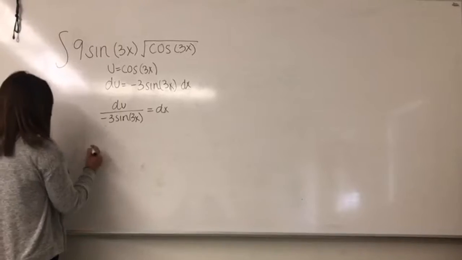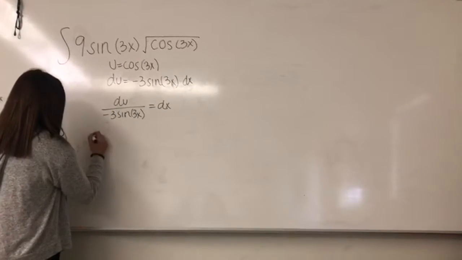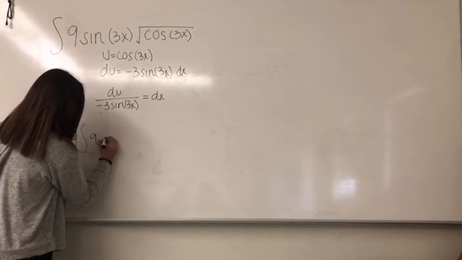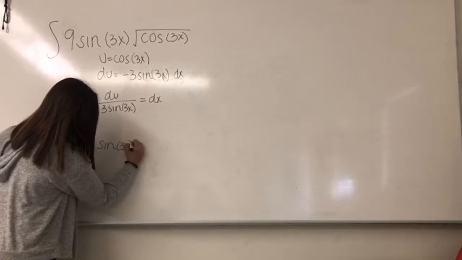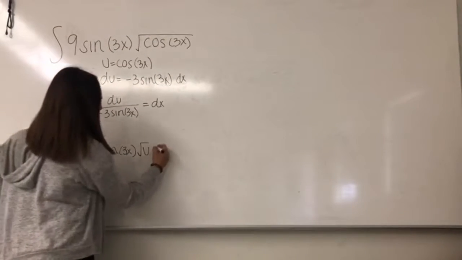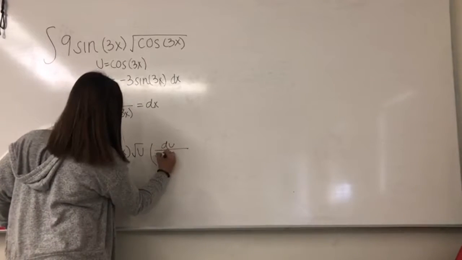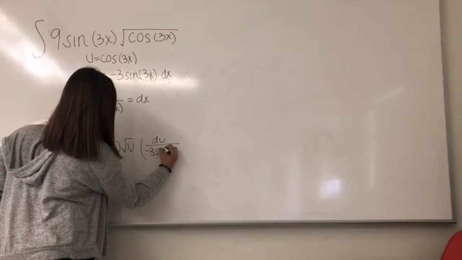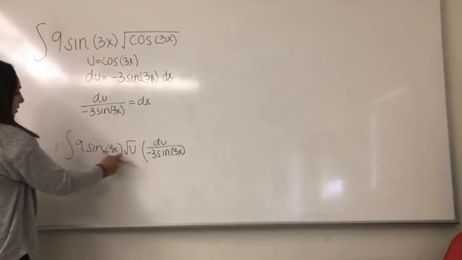Okay, now you're gonna write 9 sine 3x. And you're gonna substitute. And you can cancel out the sine.